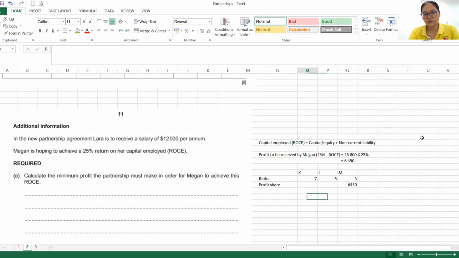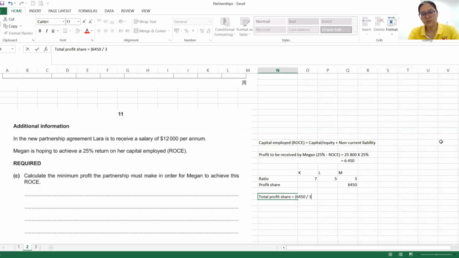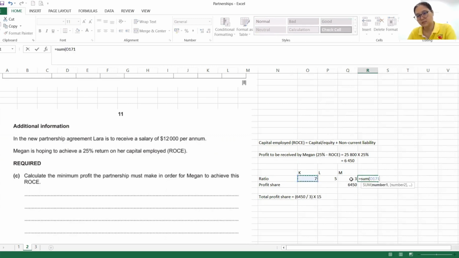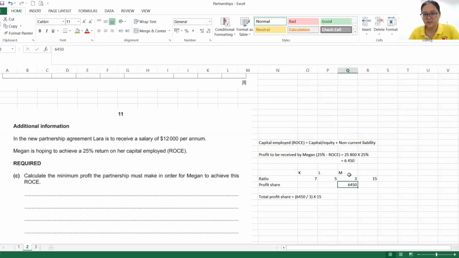To find the total profit share, we take 6,450 divided by 3 times 15. How do we get the 15? The ratio total is 15. Take this, divide by 3 and times 15. So we will get 32,500. This is the profit share.